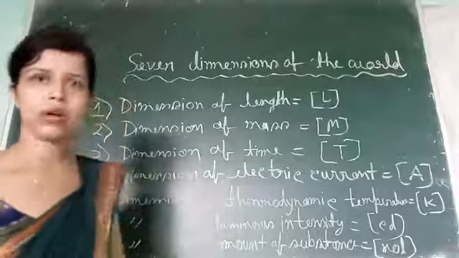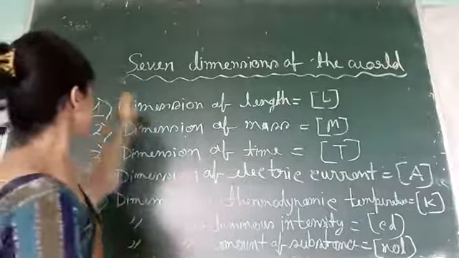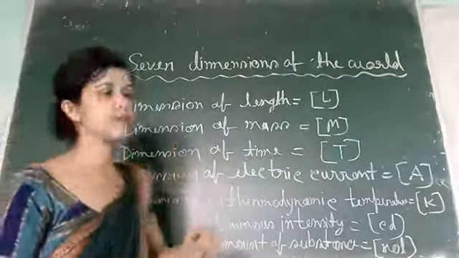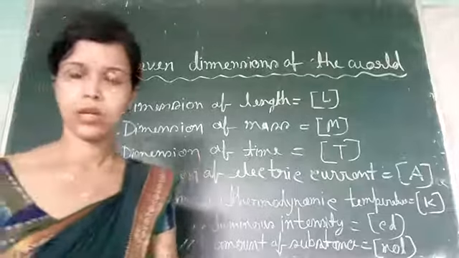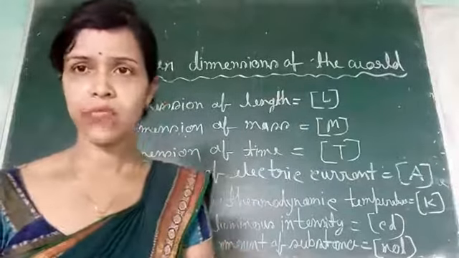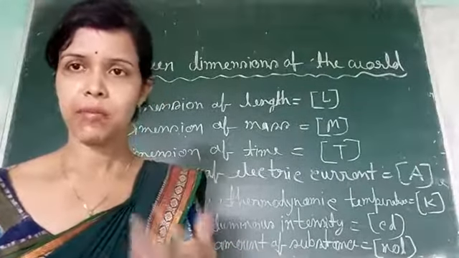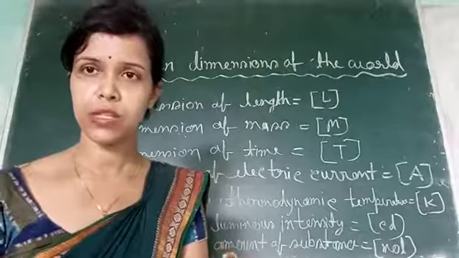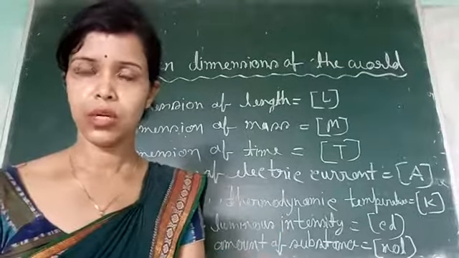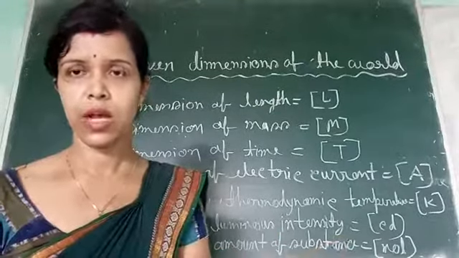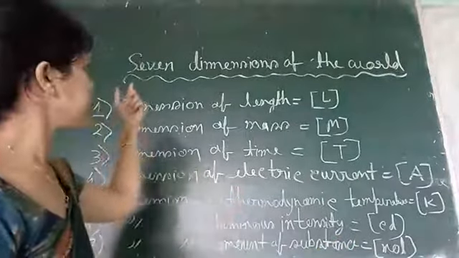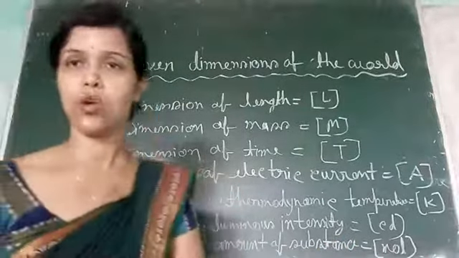So let me discuss what actually the 7 dimensions of the world are. All the derived physical quantities can be expressed in terms of some basic or fundamental quantities, and those are actually called the dimensions of the world.